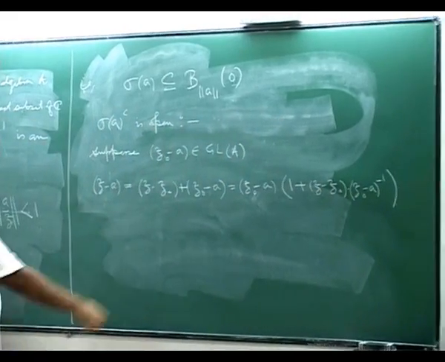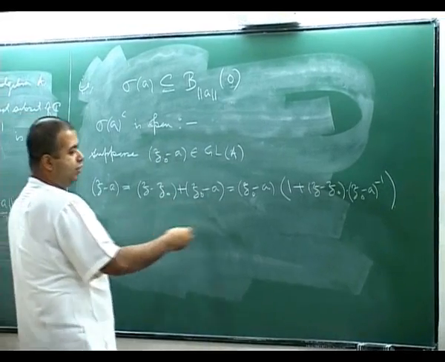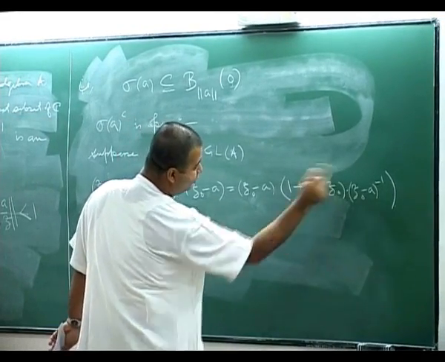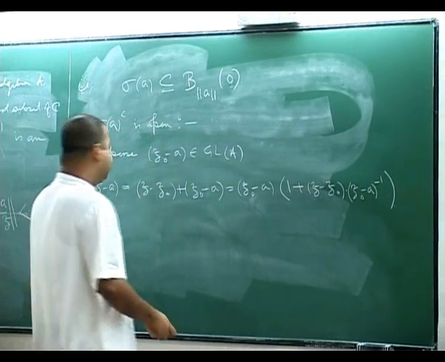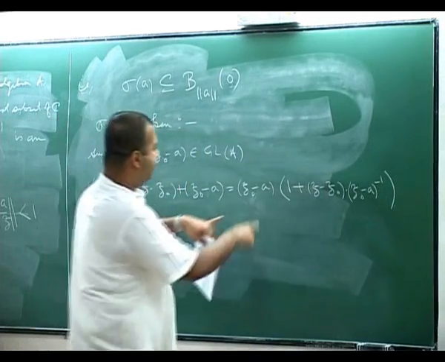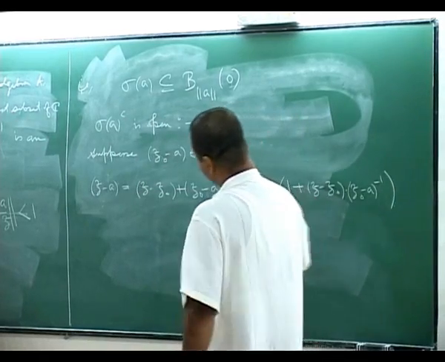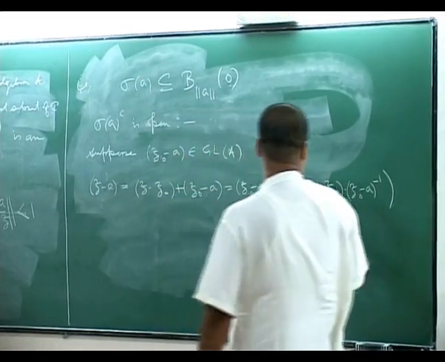Take z naught minus A common out of this, so it is like 1 plus (z minus z naught) times (z naught minus A) inverse. Now this is invertible if and only if this is invertible.